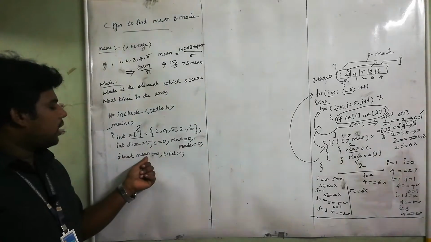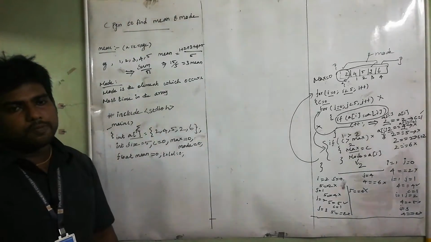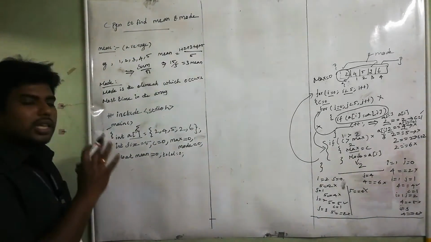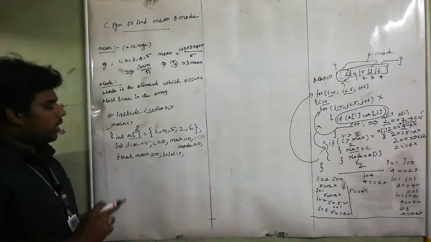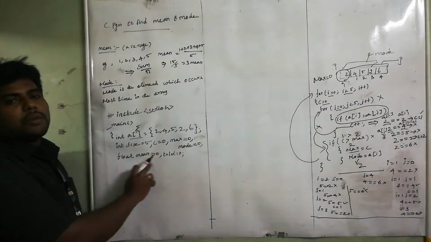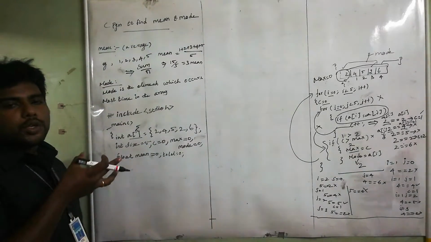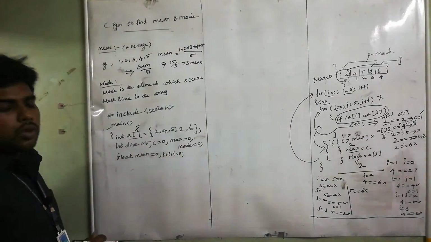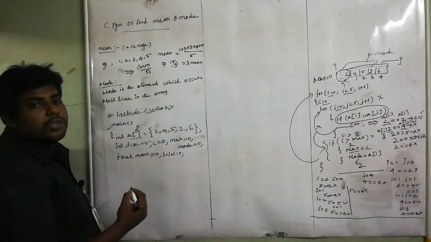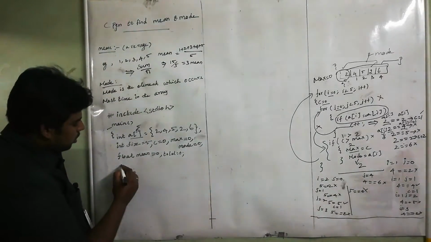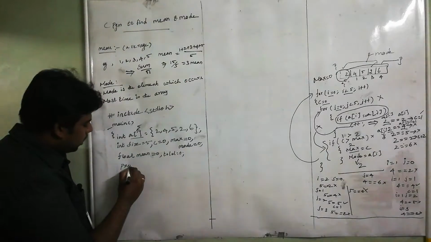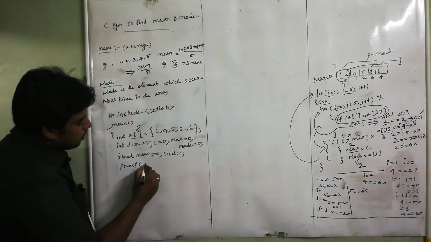So float mean equal to 0, total equal to 0. Okay, so these are the variables I declared. These belong to integer, these belong to floating point. I am telling the compiler I am going to use these variables. Okay, now I am going to find the mean. Okay, so just give the notification if you want, printf mean.